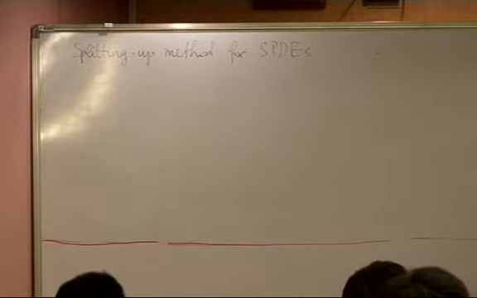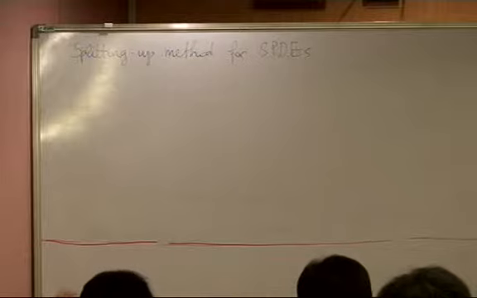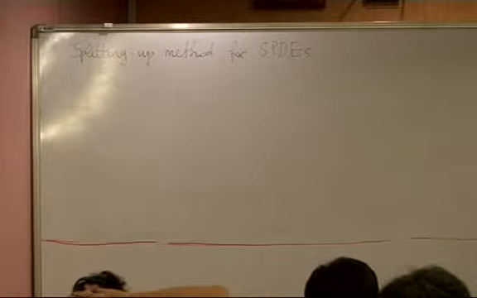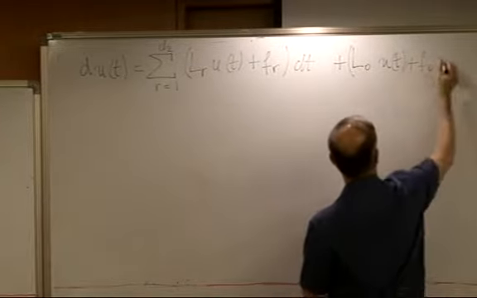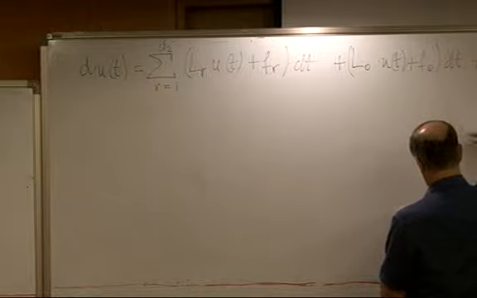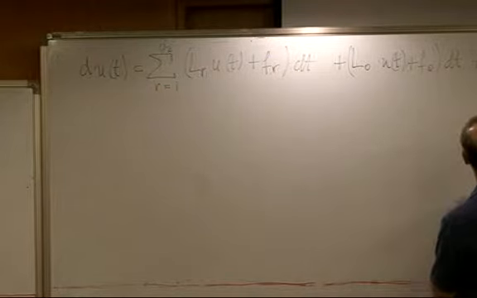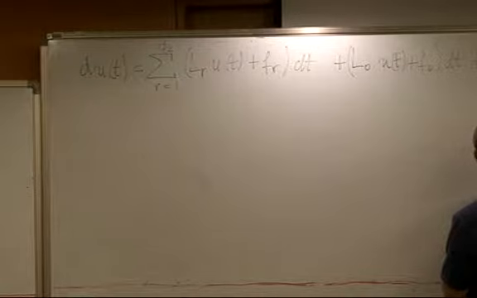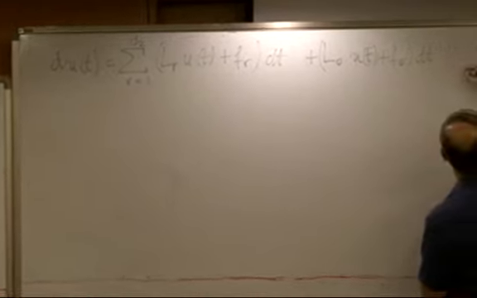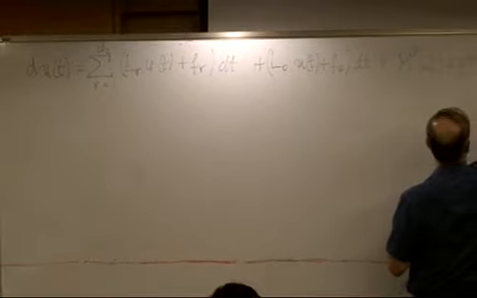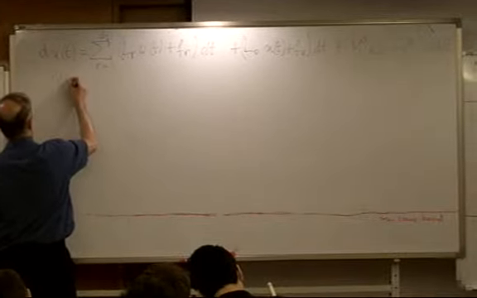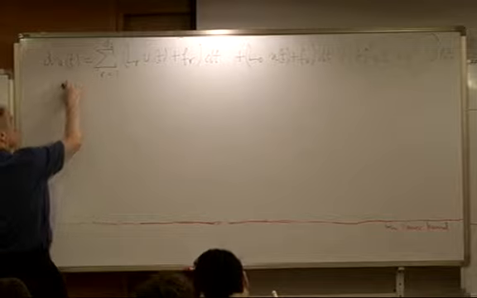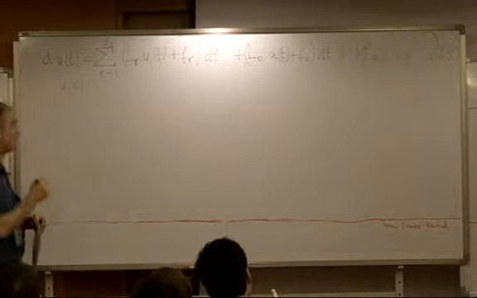And this is the SPDE we consider: du(t) equals the sum of L_r u(t) plus f_r dt, then plus L_0 u(t) plus f_0 dt, plus the sum of M_rho u(t) plus g_rho dW_t, with an initial condition. And now I should be careful to always write the time in parentheses, because I will have many indices.